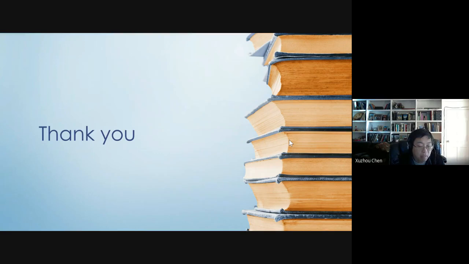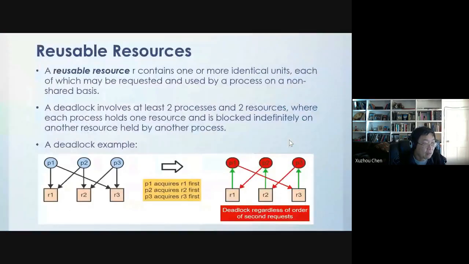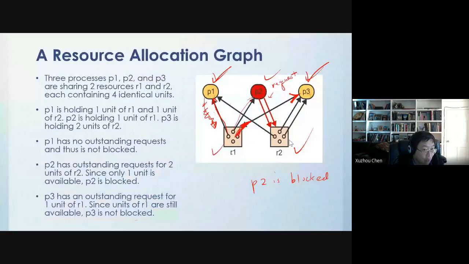Because to prevent a deadlock, when each process requests for something, you need to check the situation. Are we in the deadlock situation? No? Okay, let's continue. And every time a process requests resources, or a process releases the resources, you have to check for deadlock. You have to check something called a resource allocation graph.